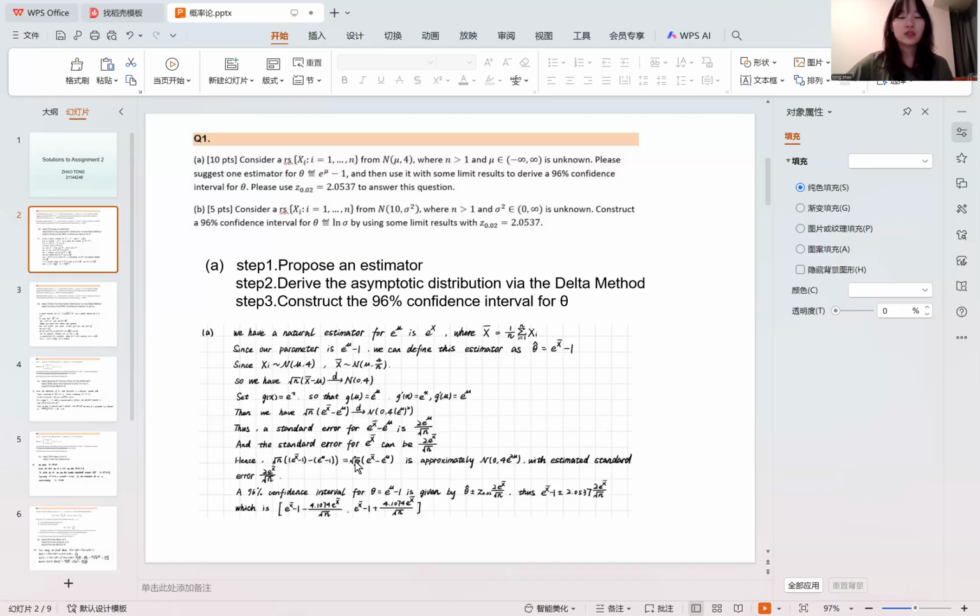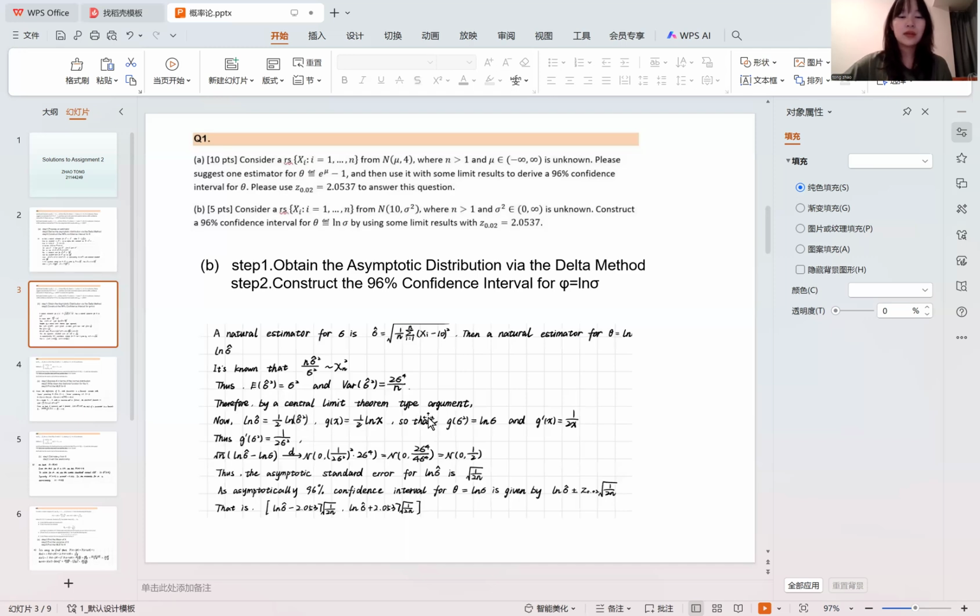So we can construct the confidence interval. Because we know the z value, and since we have a two-tailed interval with 5% total in the tails, in other words, our interval for theta can be written as this. And this is our result.